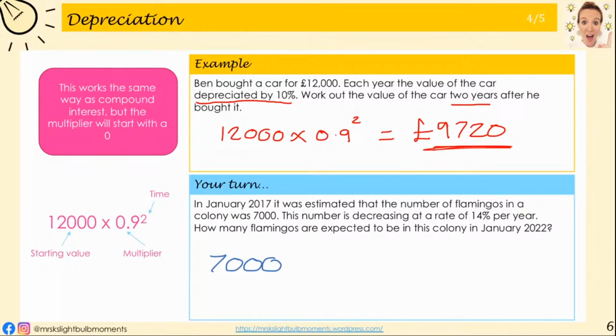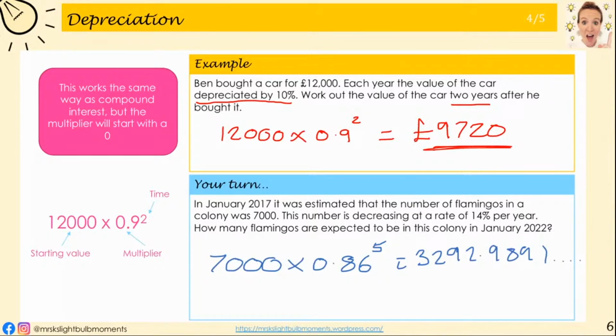We've got 86%, so our multiplier is 0.86. Now we're going from 2017 to 2022, so that's 5 years on, so our power is going to be 5. Put that into your calculator and we get 3,292 and then a few decimals after.